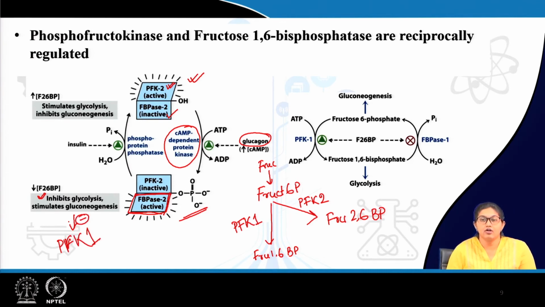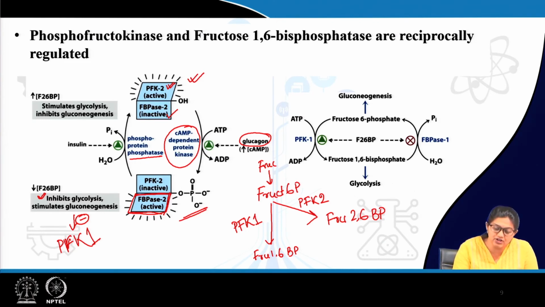But then when there is increased blood glucose level, which releases the hormone insulin, insulin activates phosphoprotein phosphatase, and it dephosphorylates this bifunctional enzyme.